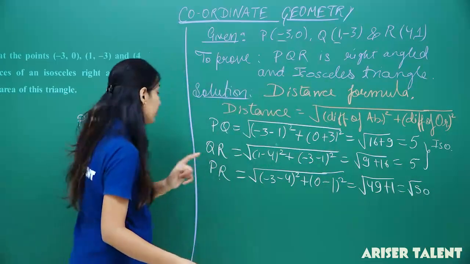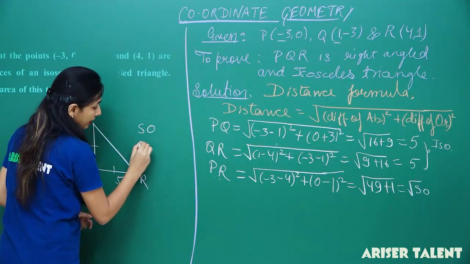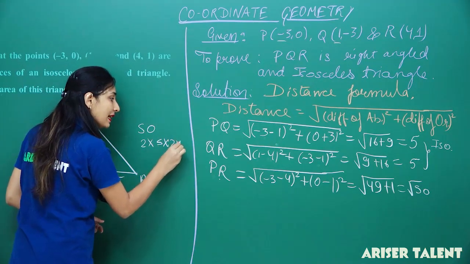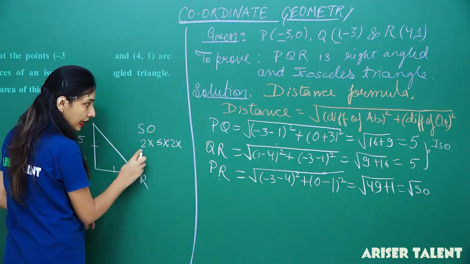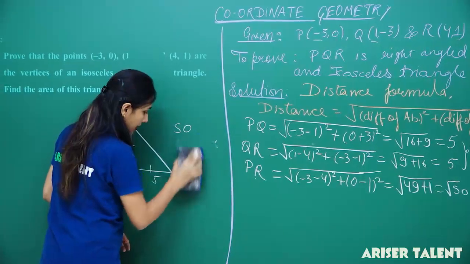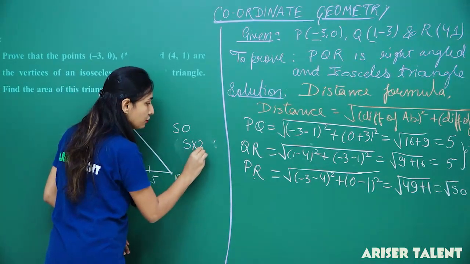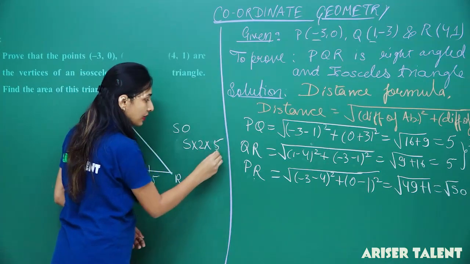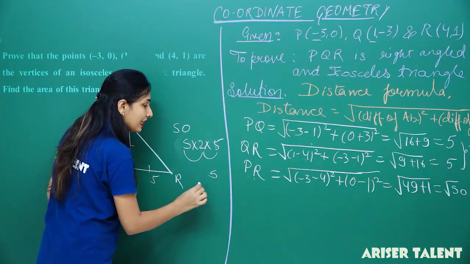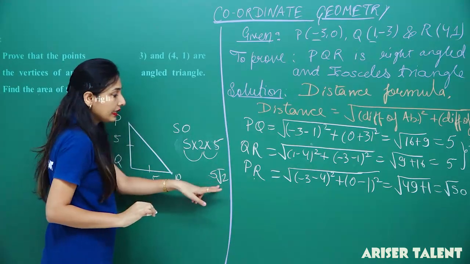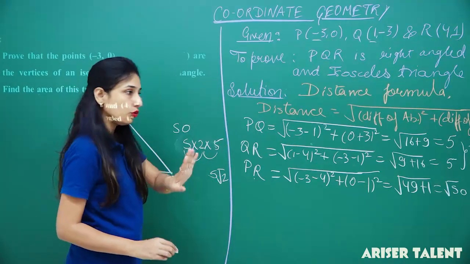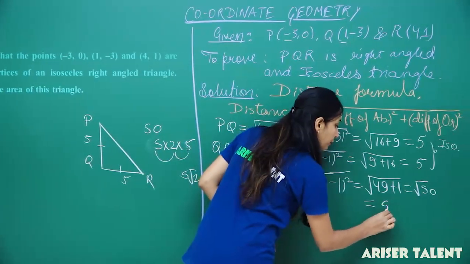Now if I talk about root 50, the factors of 50 are 5 multiplied by 2 multiplied by 5, which is 10, and that is 50. So 5 will come out and root 2 will stay inside. So root 50 will be 5 root 2.